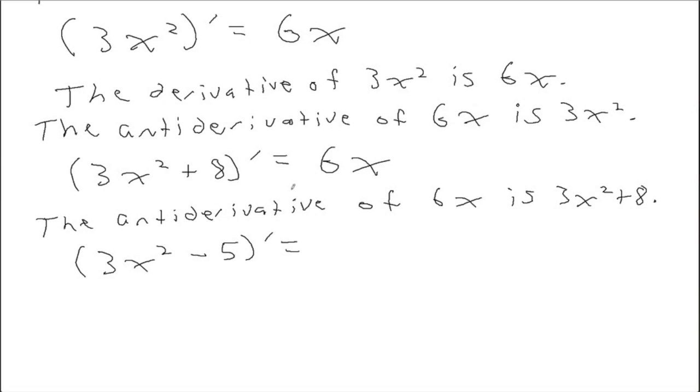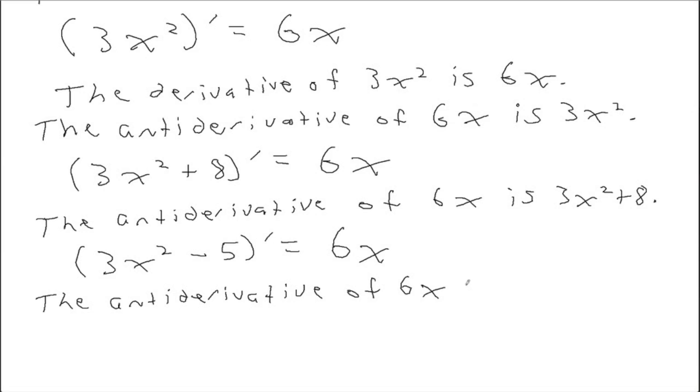What's this? 6x. So how would you express this in words? The derivative of 3x squared minus 5 is 6x. Good. That's the only derivative it has. How else would you express that, though? You could also say that the antiderivative of 6x is 3x squared minus 5.